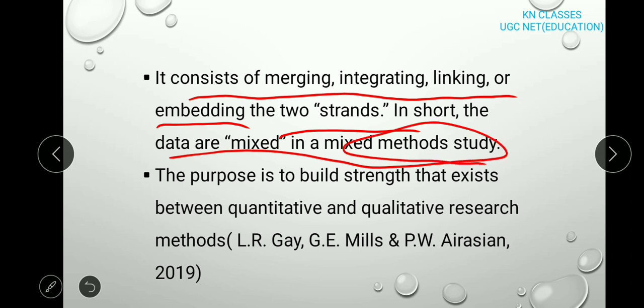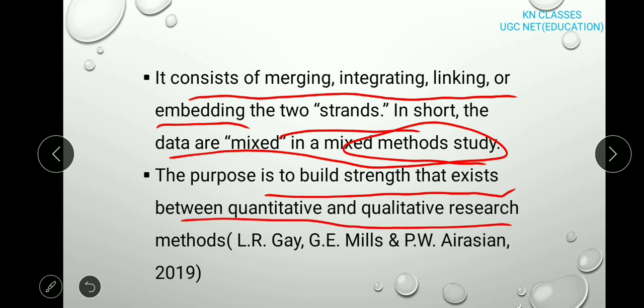It is the merging or mixing of both quantitative and qualitative methods. The purpose of mixing is to build on and use the strengths that exist in quantitative and qualitative research methods. Hope that is clear.